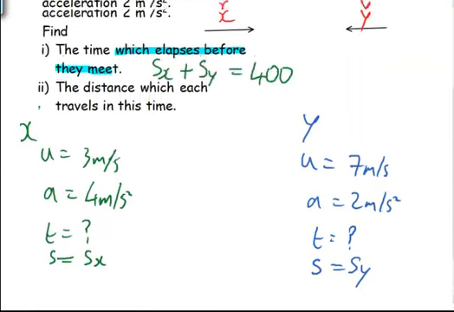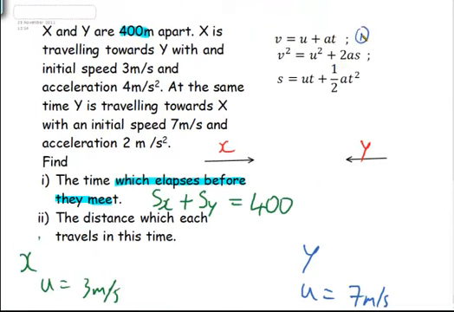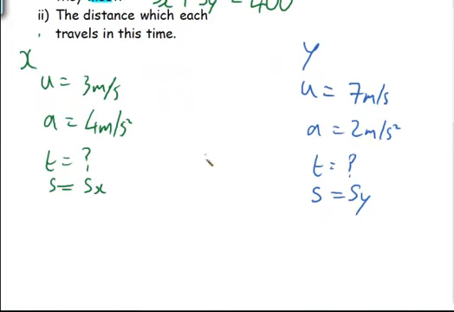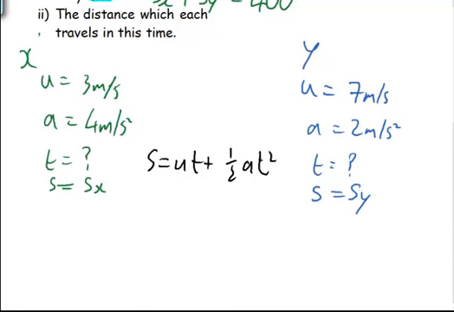So the equation I'm going to use, first off, look back up to these three, 1, 2 and 3. Now you'll notice if you look at what we have and what we're looking for, that number 3 is the best one to work from here. So I'll write it in black in the middle, s is equal to ut plus 1/2 at squared.